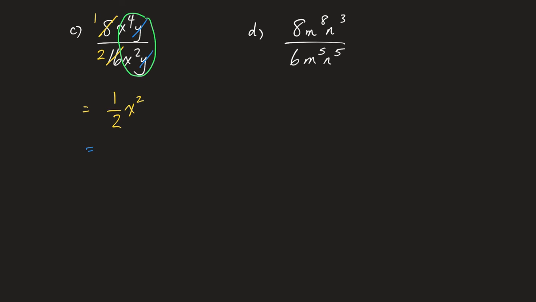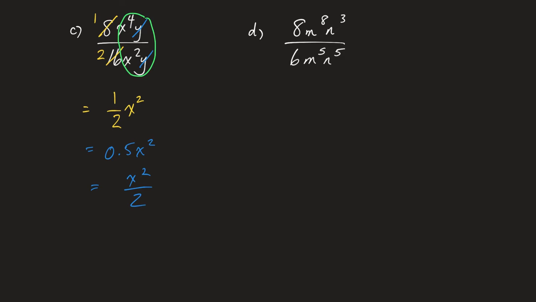If you wrote down 0.5 x squared, you are correct. It's not even bad form. As I said, I'm just going to argue to you, we want to get used to the fractions. But we are also good if you wrote down x squared divided by 2.